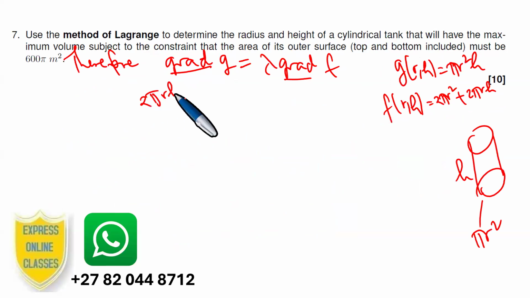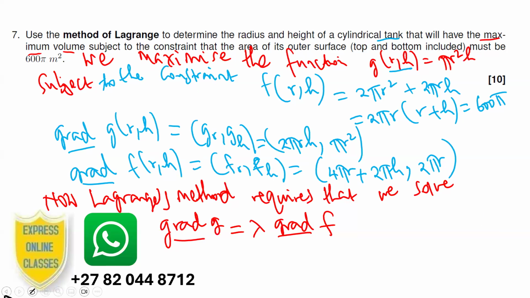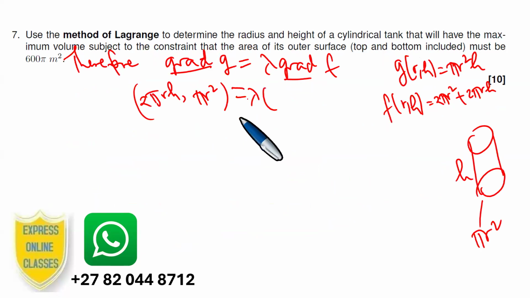Lambda times the gradient of F, which is 4 pi r plus 2 pi h, and 2 pi r. So the gradient of F is 4 pi r plus 2 pi h, 2 pi r.